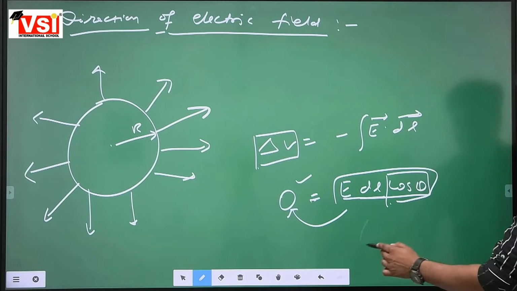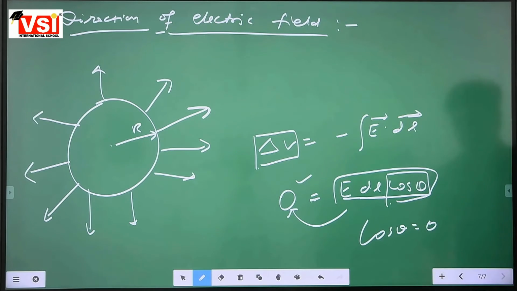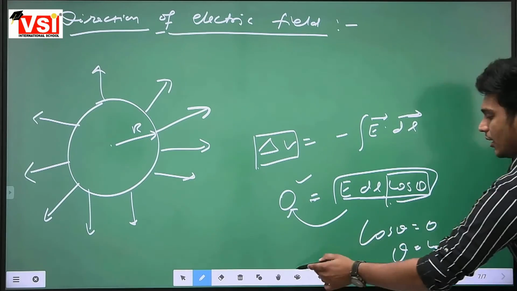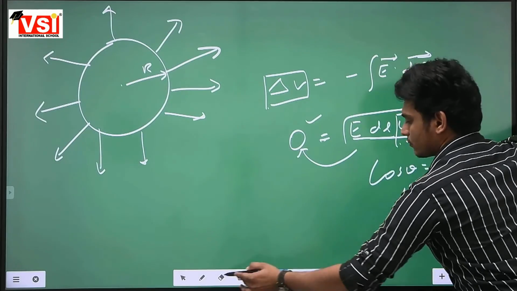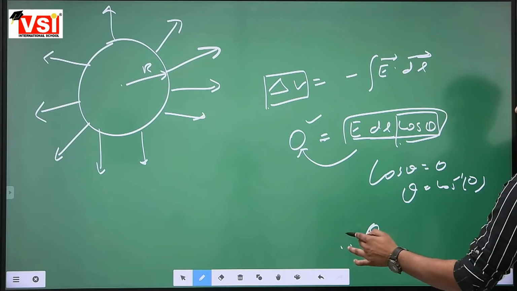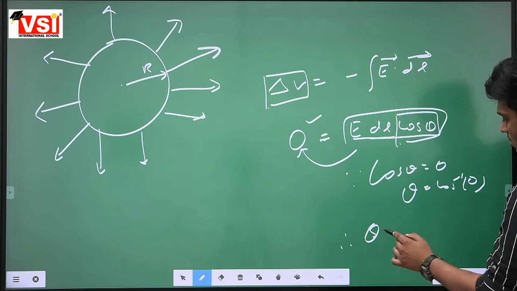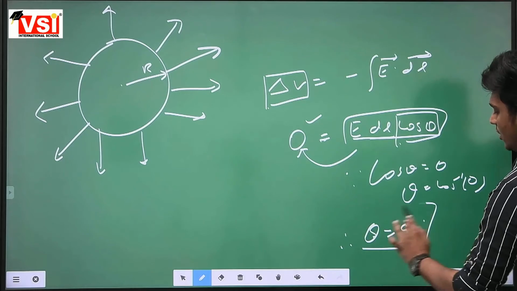So let's consider that cos theta is equal to 0. It means theta is equal to cos inverse 0, which means theta is equal to 90 degree.